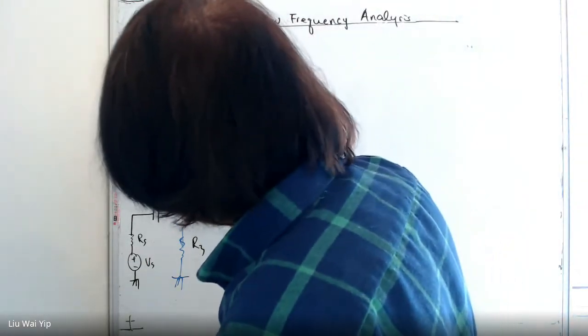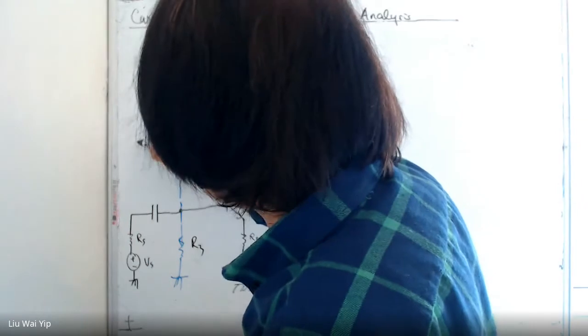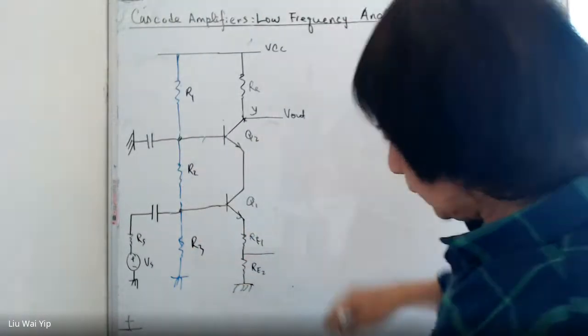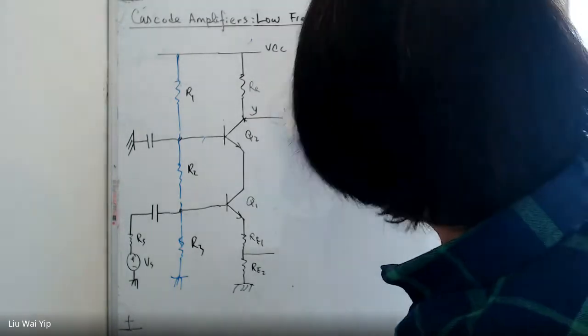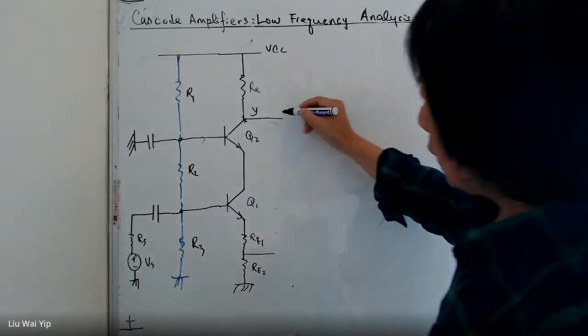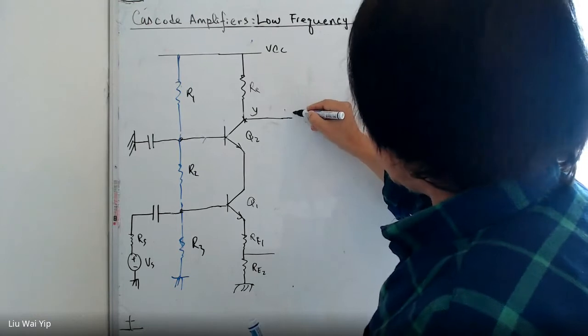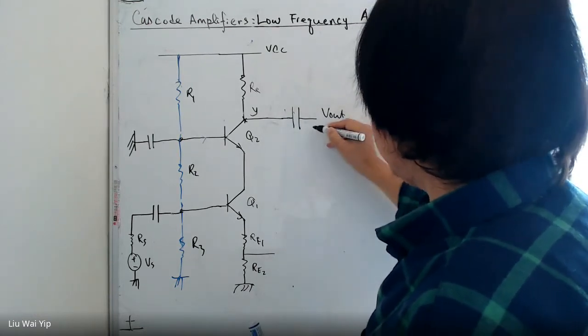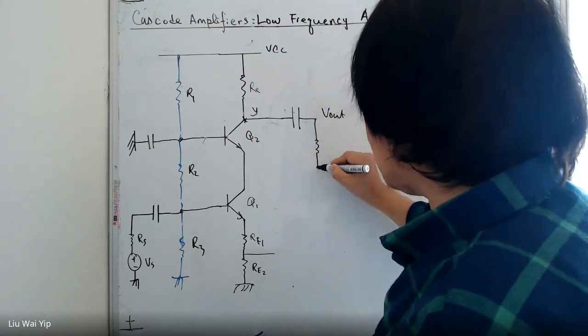Then we have to add another coupling capacitor here, and obviously the output needs to be filtered of all the DC component. So we have the output, and maybe your output is connected to a low resistance.